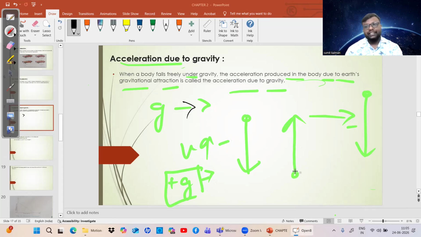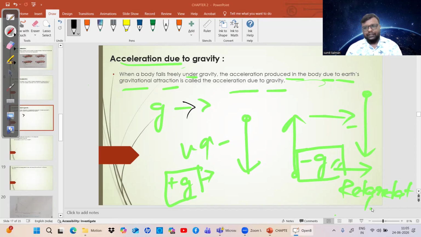Then its velocity will decrease with time. So in this case, we will take our g as minus g. It is called retardation because it is negative acceleration.